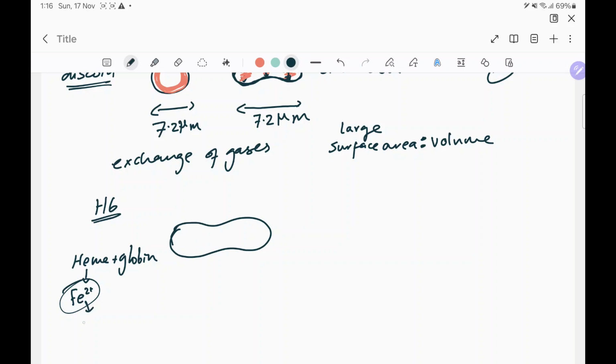Iron is not free to cause damage to cells and create free radicals. So you cannot make hydroxide, superoxide, or peroxide from the Fenton reaction. You don't want the Fenton reaction to take place.